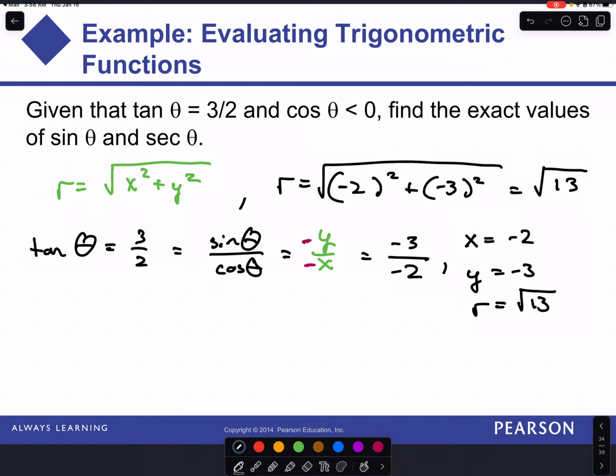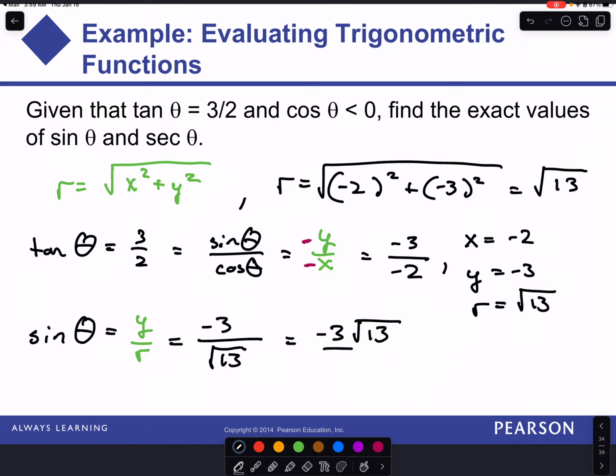Our cosine is negative, which is x over r. Now for sine of theta, sine is y over r. Our y value is negative 3, our r is the square root of 13. So negative 3 root 13 over 13.